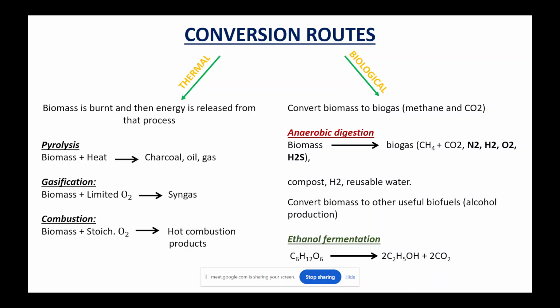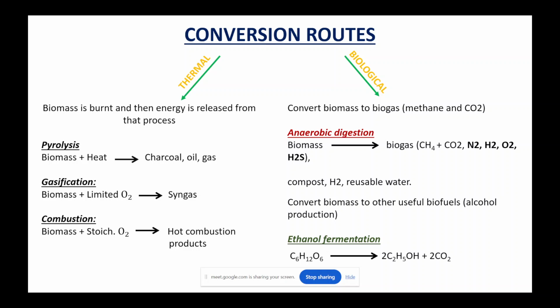There is one main difference between the thermal conversion routes and biological conversion routes. One particular difference is in the amount of solid content that you can digest through these two processes. In biological conversion routes, the solid content needs to be only 8%, and the remaining 92 percent is typically water.